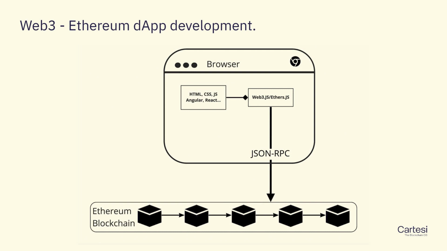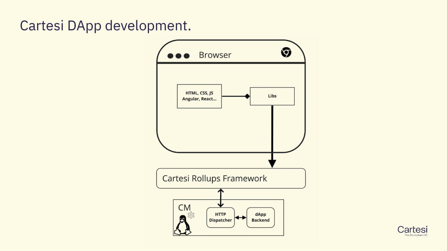Now, how does a Cartesi application look like? Well, it's a bit different. Here you have your traditional front end using Angular, React, Vue, or whatever you're used to, that still makes use of HTML, CSS, and JavaScript. But then you also have a couple of libraries to interact with the Cartesi rollups framework. And inside the Cartesi framework, you have a connection to the Cartesi machine.